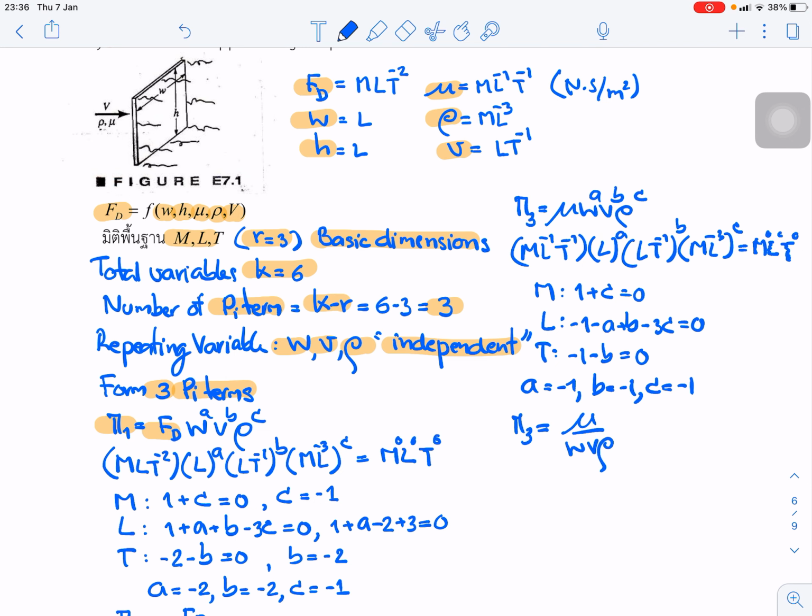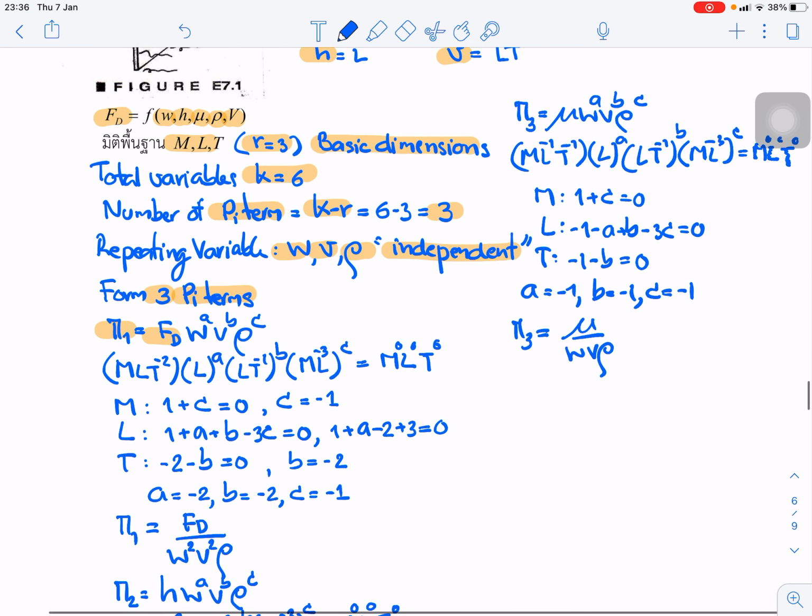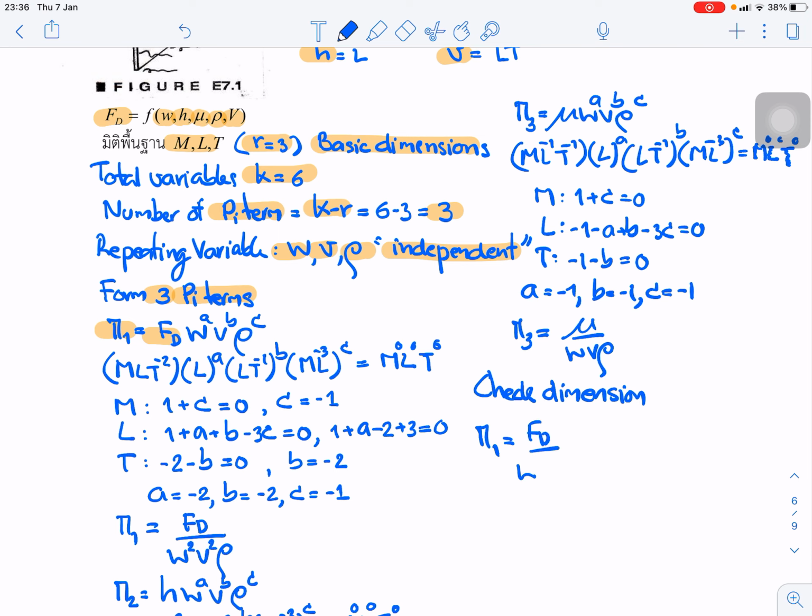The next step, we check the dimensions. For the first pi term, we check using the FLT system.